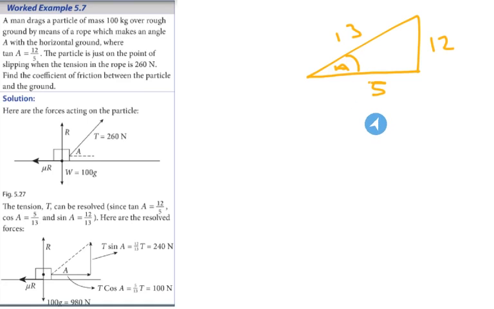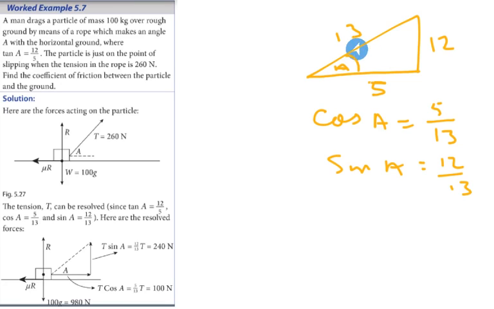If we set up a triangle with tan A equal to 12 over 5, using Pythagoras, well, you may even know that that's equal to 13. So we know that cosine of the angle is equal to adjacent over hypotenuse, which is 5 over 13. And we know that sine of the angle is equal to opposite over hypotenuse, equal to 12 over 13.